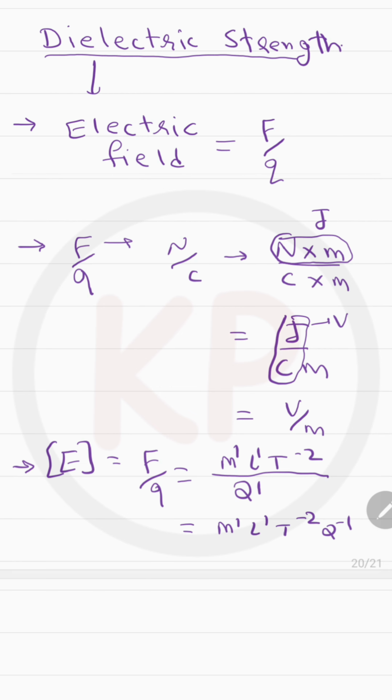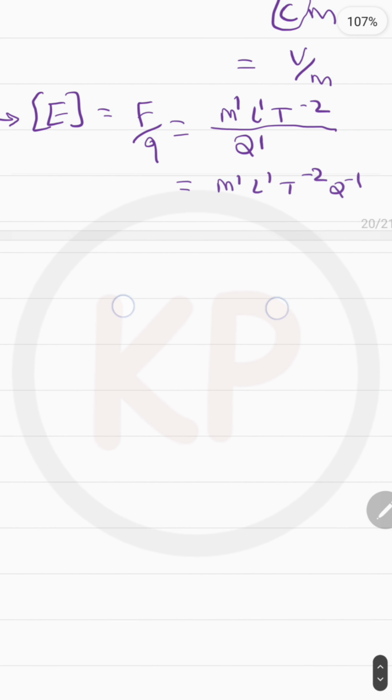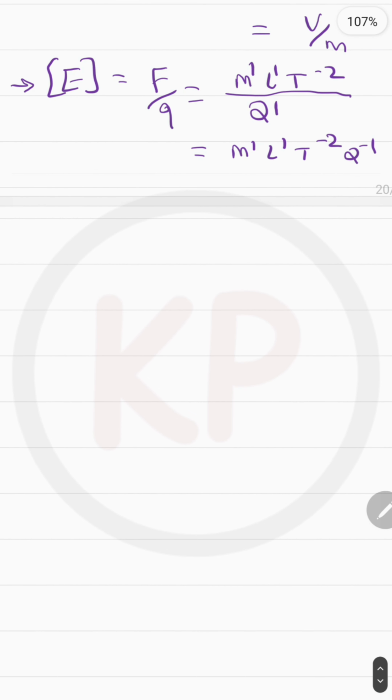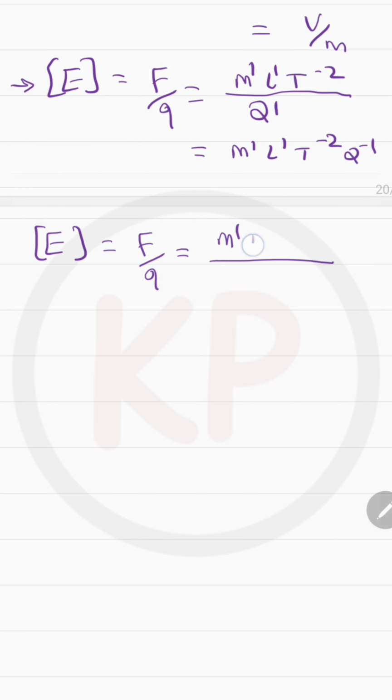Now if the dimensional formula of charge is taken to be A1 T1, then E is equal to F by Q gives M1 L1 T minus 2 by A1 T1. This will give M1 L1 T minus 3 A minus 1.